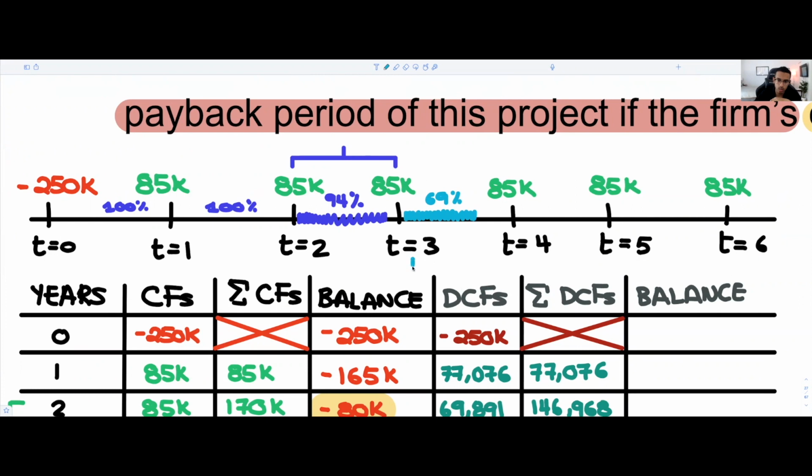You notice that we are between year 3 and year 4. Okay, that's awesome stuff. So we would have 100% of year 1, 100% of year 2, 100% of year 3. Then between year 3 and year 4, we're going to take 69% of that.